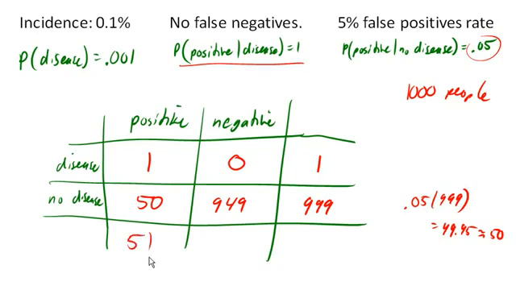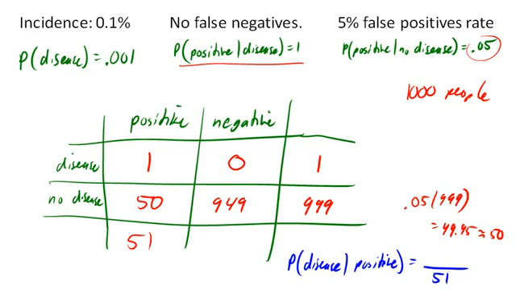Now remember, what we're really interested in is what is the probability that you have the disease given that you tested positive. Well, now we have enough information to figure that out. How many people tested positive? 51. How many of them actually have the disease? 1.